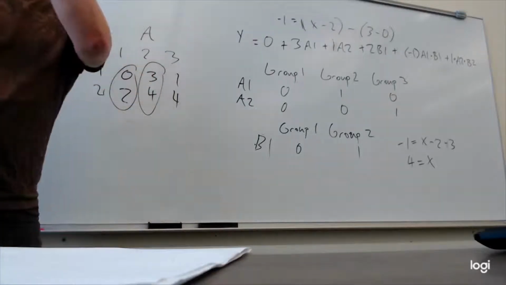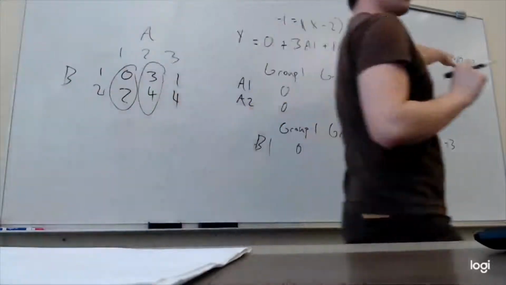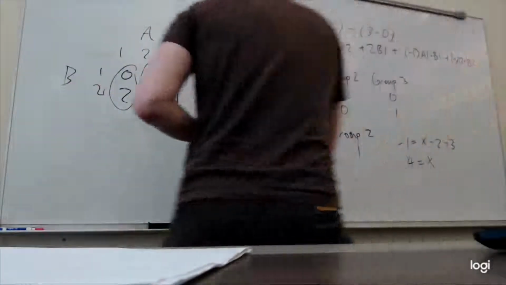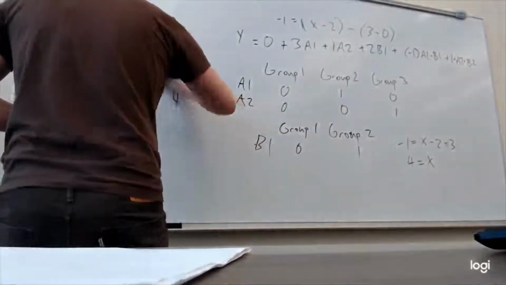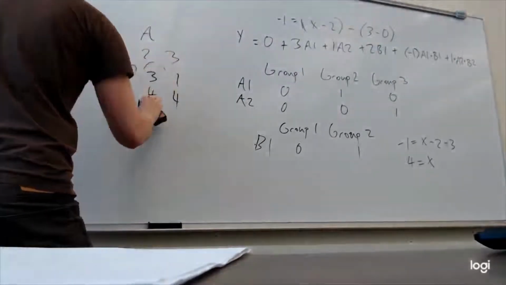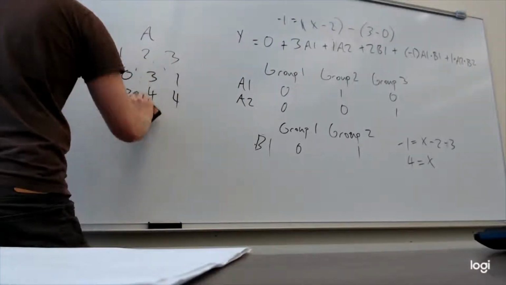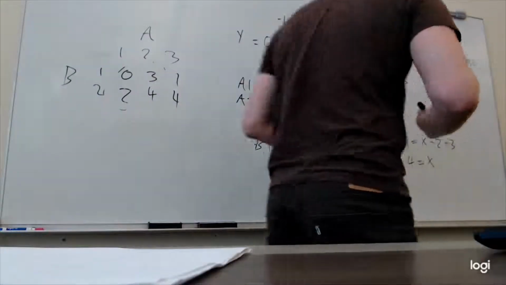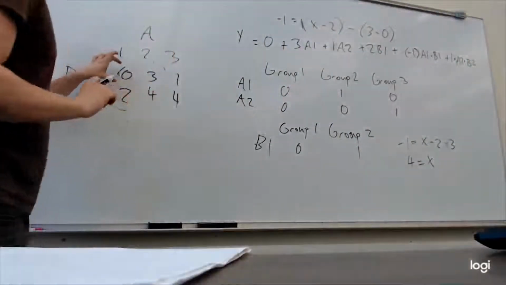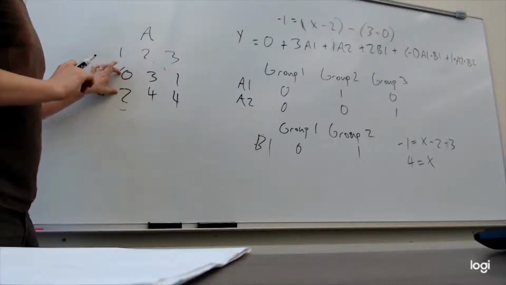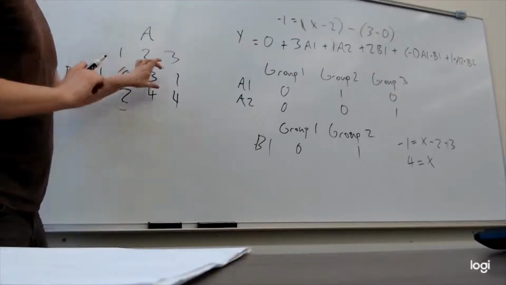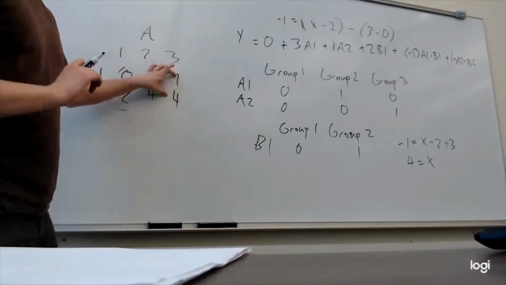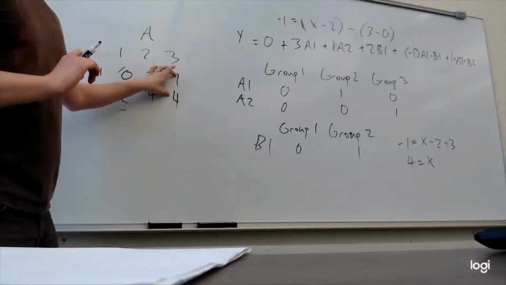Or to go back to the second product term, where maybe you were getting tripped up. This product term right here tells us how does the difference between 2 and 0 compare to the difference between 4 and 1?